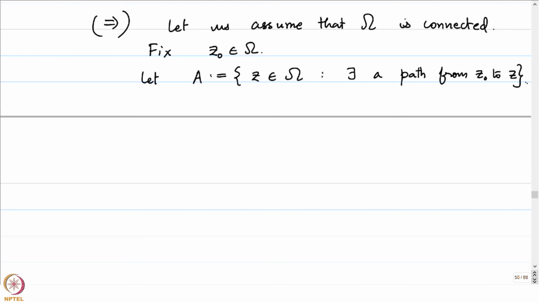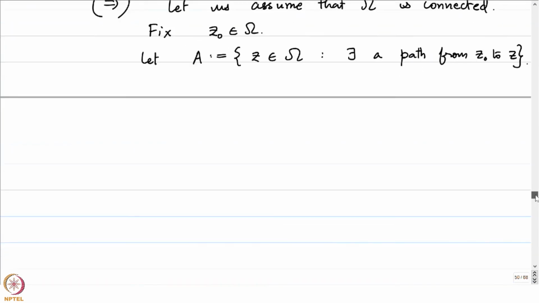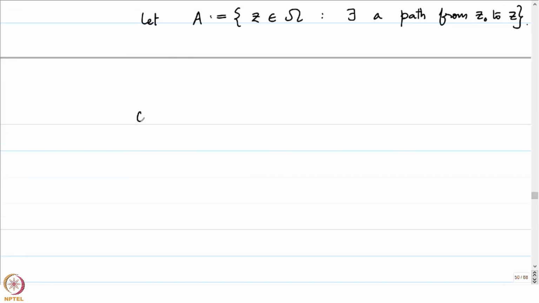We will prove that this particular set A is both open and closed in omega. Let's first prove that it is open.